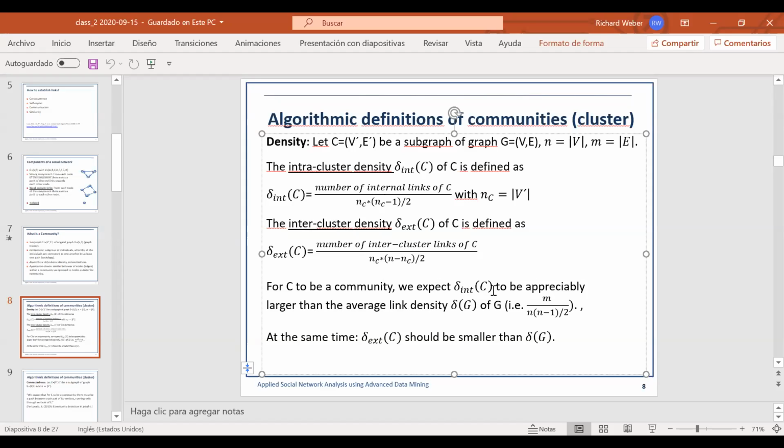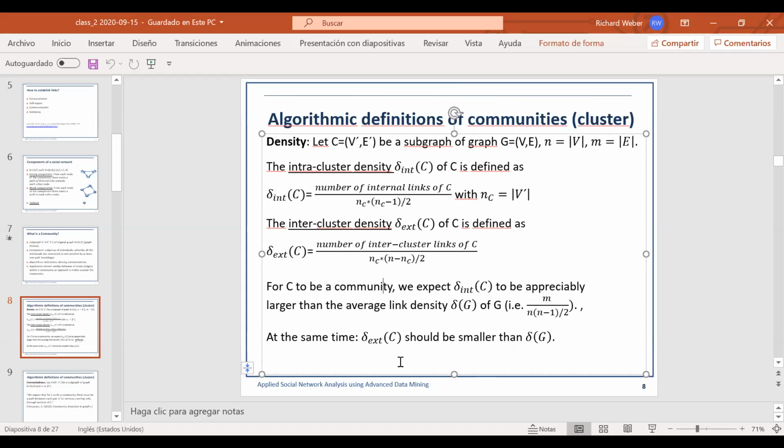So we expect the intracluster density larger than the average link density, which means those outside. At the same time, the intercluster density should be smaller than delta G. Okay, so the first one should be a large number and the second one a small number. In that case, C is considered to be a community.